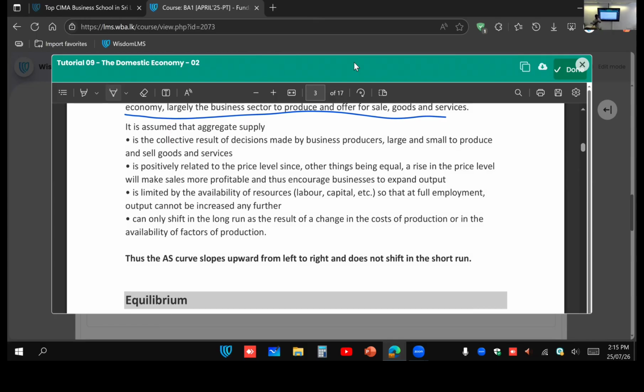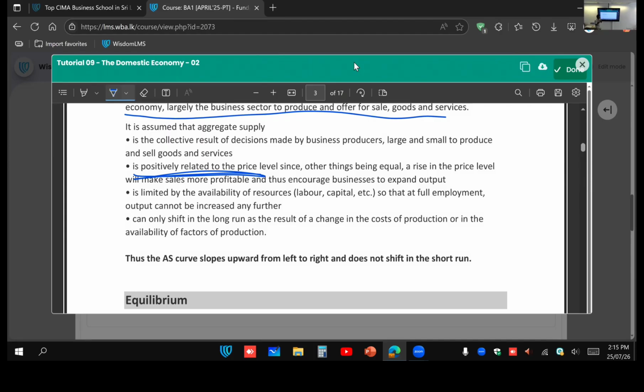This is important: positively related. Previously, aggregate demand was negatively related. Why is aggregate demand negatively related? When price levels decrease, everybody tends to spend more. But aggregate supply, why is it positively related?